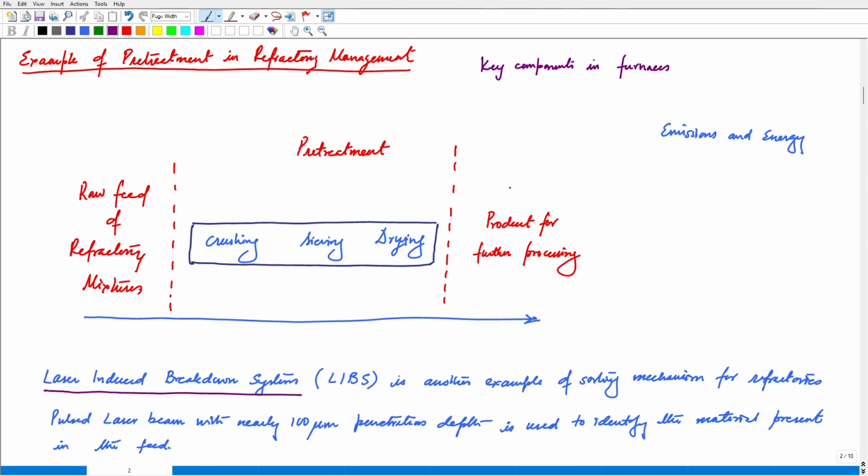Now, when these refractories are discarded, these also generate wastes. So, discarded refractories can be reused depending upon composition.